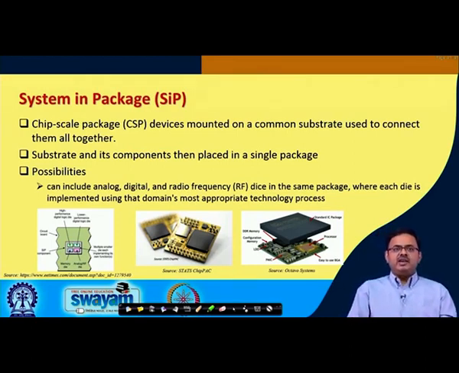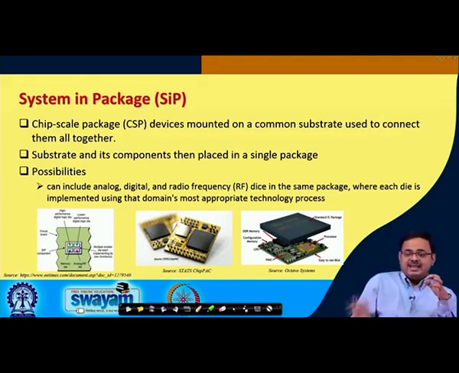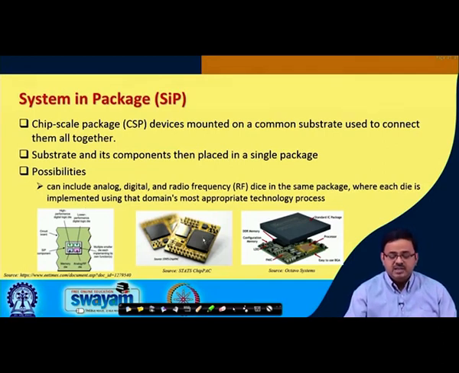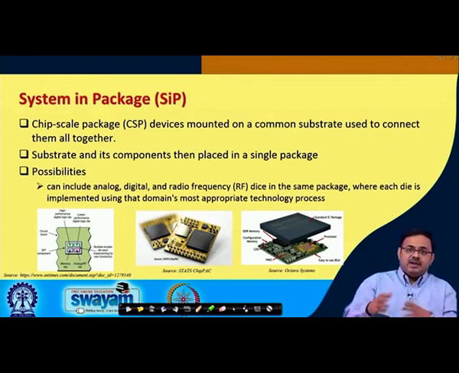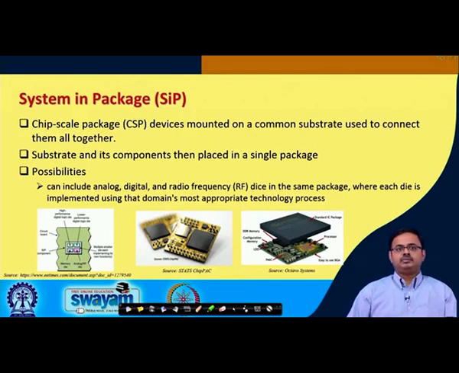So, in a way SIP and multi-chip module are not very different, except that in SIP the individual packages, as you can see over here, this is a package, this can have a silicon inside, okay. This is also a package with a silicon inside. So, there can be substrates on the substrate and then onto the motherboard, that is also possible. The other thing is these are all chip scale packages.